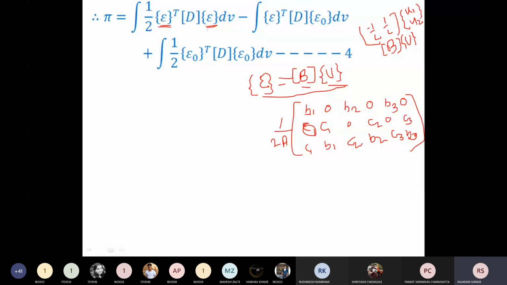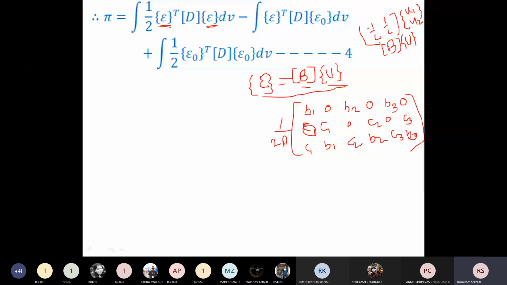Here epsilon we can directly replace by B into u, but when we go for epsilon transpose, how can we replace epsilon transpose? It is u transpose into B transpose.